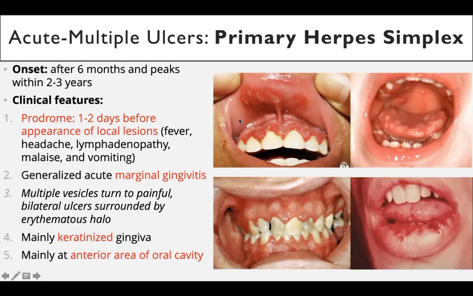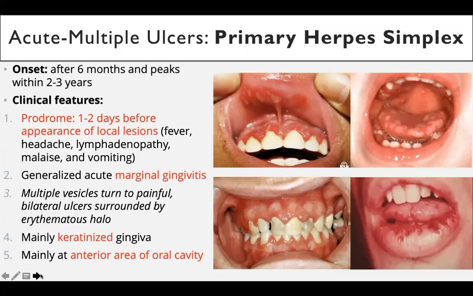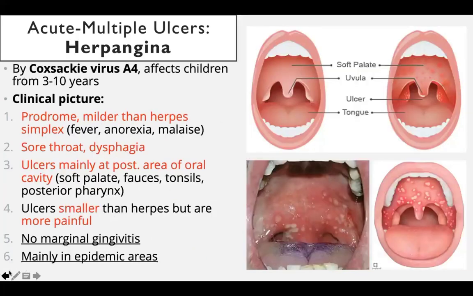Okay, can you differentiate in your own words between primary herpes and herpangina, the oral manifestation? Can you try? Yes, sir. In primary herpes simplex, there is a prodrome of 1 to 2 days, and there is fever, lymphadenopathy, malaise, vomiting, and there is marginal gingivitis, mainly of keratinized gingiva, and it most commonly involves the anterior area of the oral cavity.